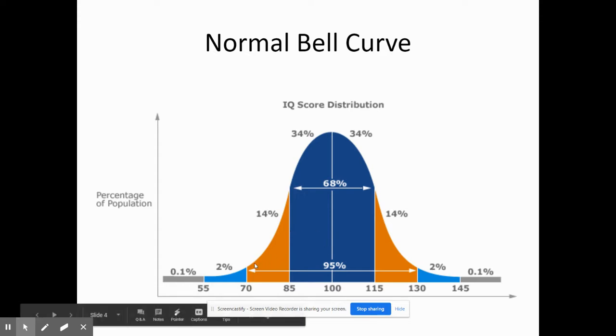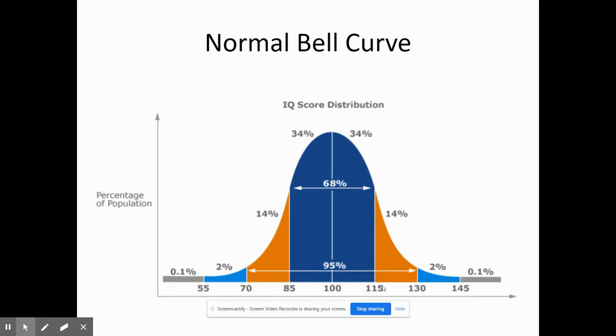A z-score of 2 would be the numbers from 70 to 85, and 115 to 130. It's basically the measurement of the number of standard deviations that a data point is from the mean.